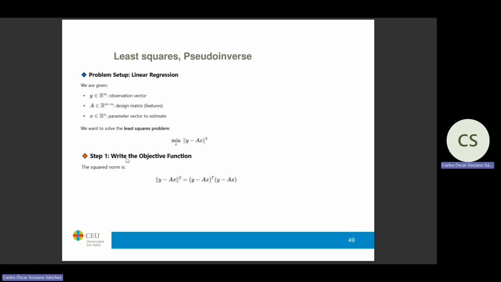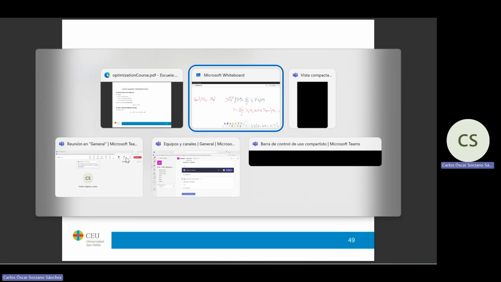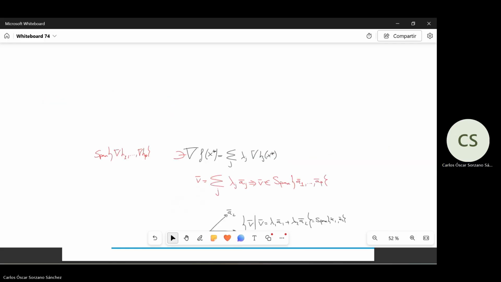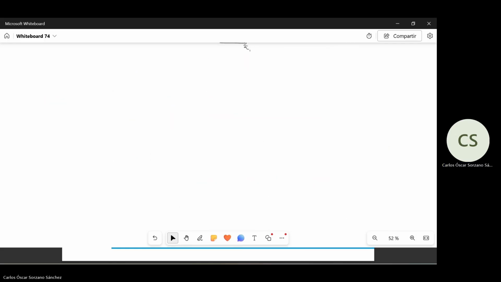So first thing is I'm minimizing with respect to x. Let's put it in a regression setup. Let's say that we are dealing with x, y values.